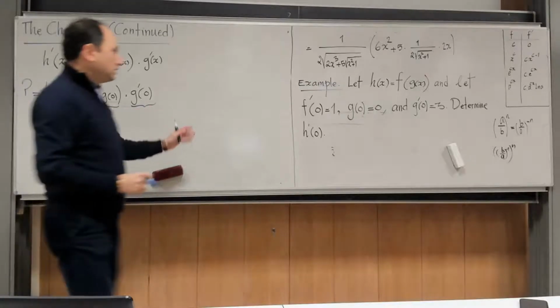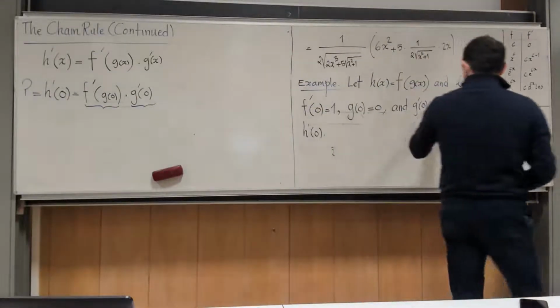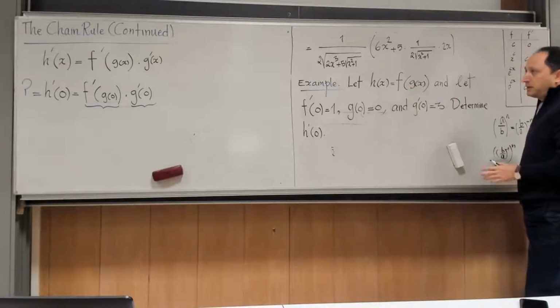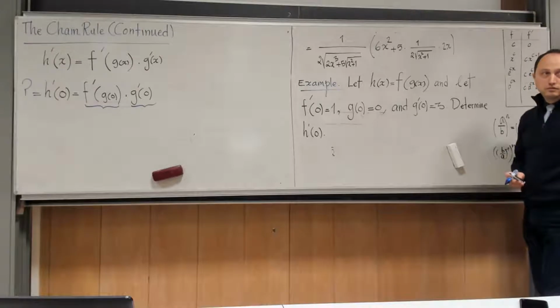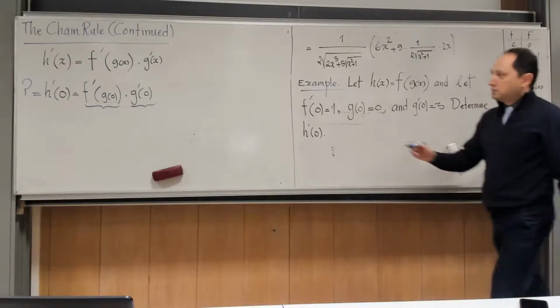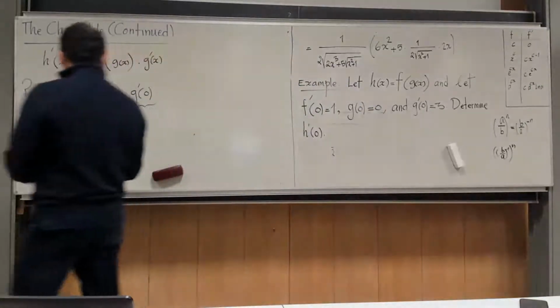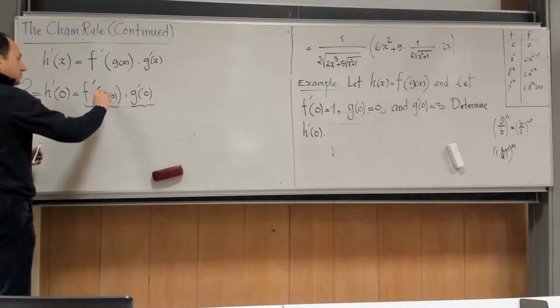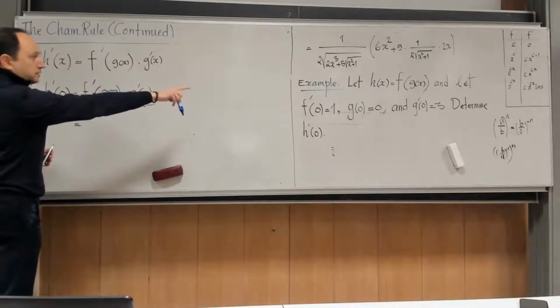But let us see. g prime of 0 is given directly in the problem, so I don't have any problem for the second bit. But what happened for the first one? Two pieces of information are provided for that, yes? Because first, let me just write it in two steps. What you do, instead of this g of 0, you read it from the problem.